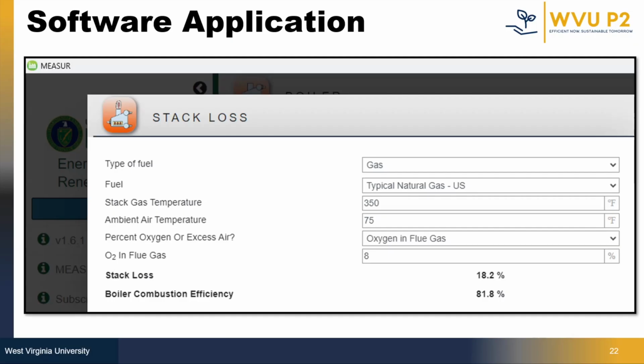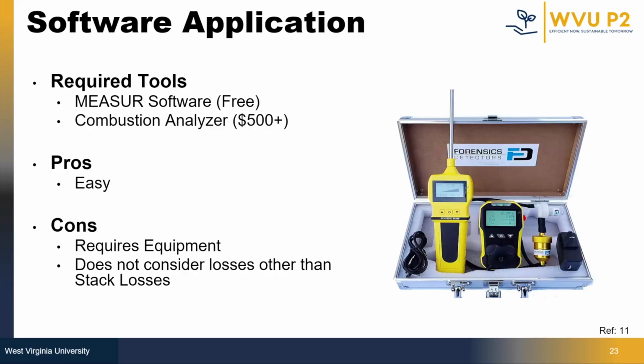However, the software requires the stack gas temperature, ambient air temperature, and either the excess air or the oxygen in the flue gas to calculate the efficiency, which will have to be measured directly. So the best way to measure boiler efficiency is a combustion analyzer. Its probe is placed in the exhaust stack to measure temperature, oxygen levels, and other properties.